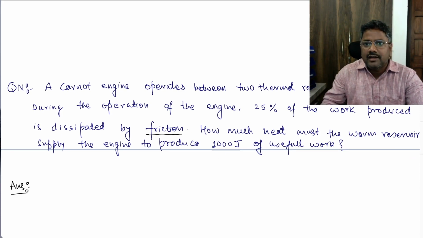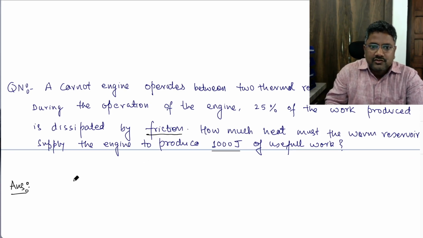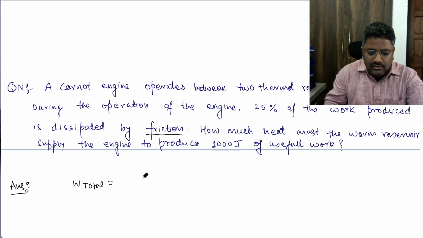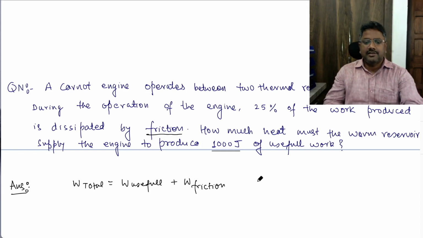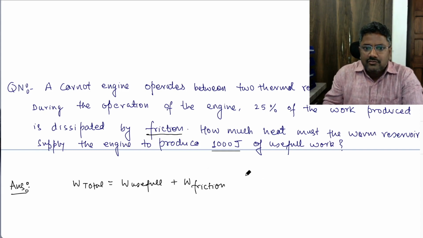First, you have to calculate W total. So W total is equal to W useful plus W friction, the loss due to the friction, right? So this is equal to, you can write here 1000 joules.